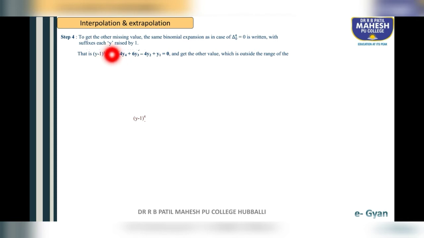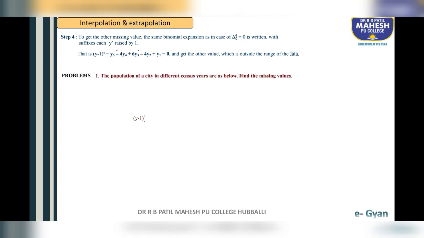In the first equation y4 becomes y5, y3 becomes y4, y2 becomes y3, y1 becomes y2, y0 becomes y1, is equal to 0. And get the other value which is outside the range of the data. So this is the procedure to find the two missing values.